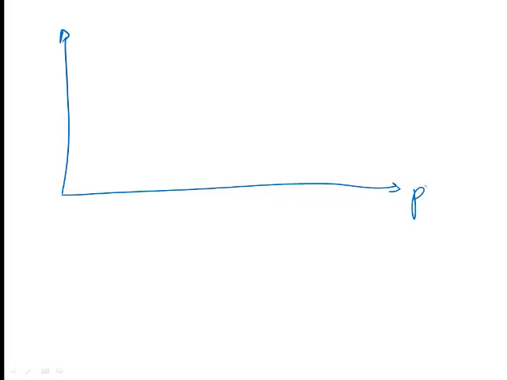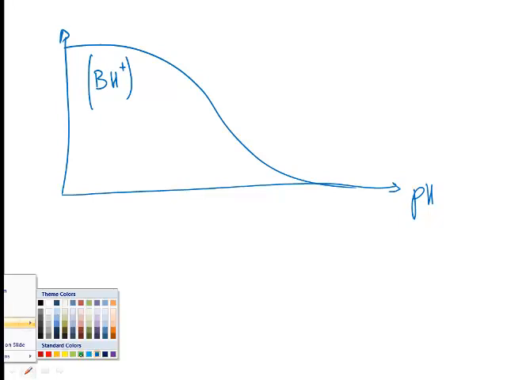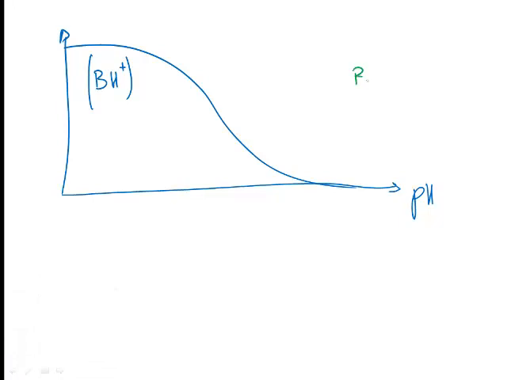Conversely, if we think about what happens when we have a base, well, a base with pH is the opposite of the acid, in the sense that we have a protonated form of the base at low pH and a deprotonated base B at high pH.